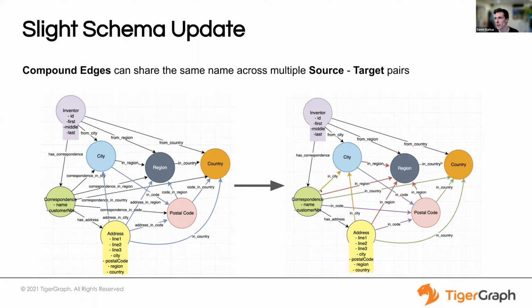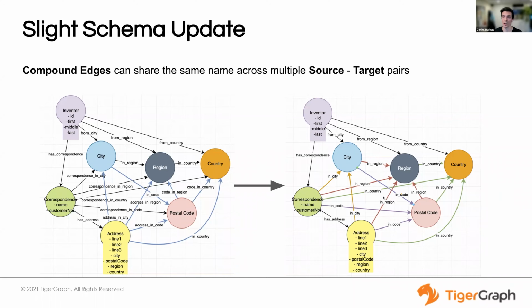If we look at this image on the right, we can see that we've adjusted: no longer correspondence in city, we just have an in city edge. The same with our address in city, and these region edges as well. We no longer need unique edge types for every situation where we are trying to express what is essentially the same relationship.